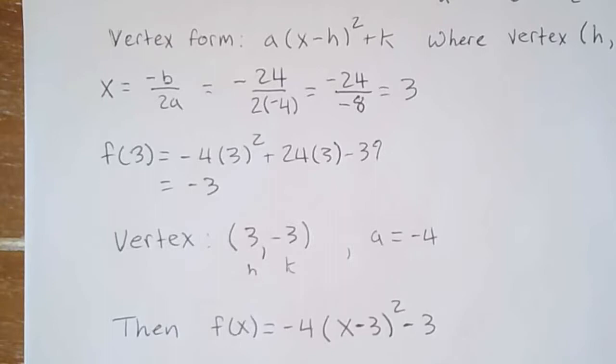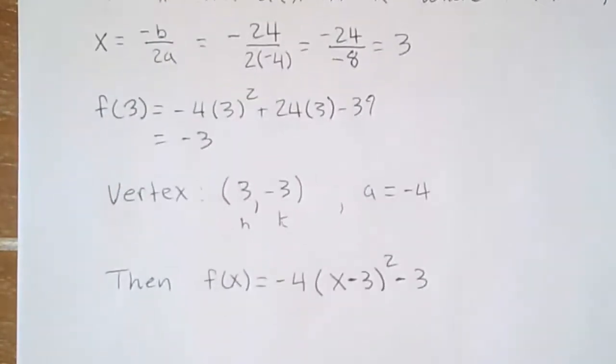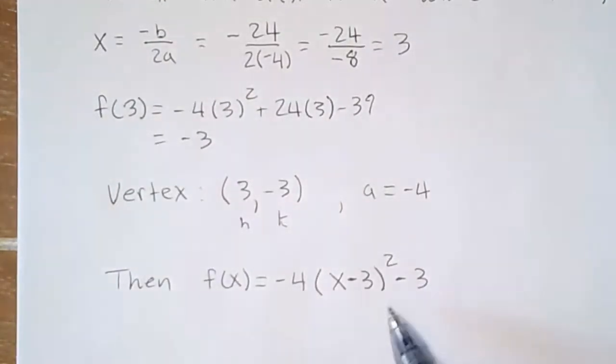And so now what we've done is we've taken this function, negative 4x squared plus 24x minus 39, and converted it into vertex form here.